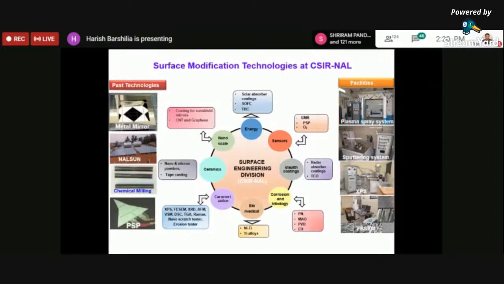So I'll show some of the results wherein the coatings and the surface modification can be used to increase the performance of various cutting tools. That kind of thing I'll be addressing. We have a large number of processes, both the dry processes, we call them physical deposition, and the electro deposition.